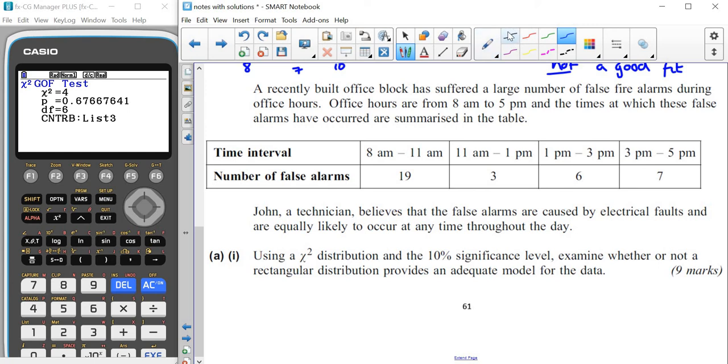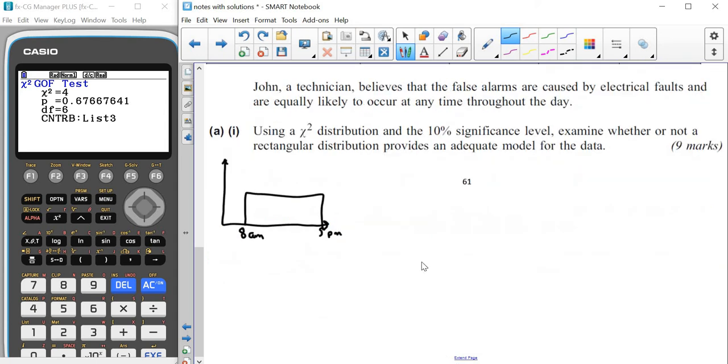Now, first of all, if you think about what our rectangular distribution looks like, and we're looking at between 8 a.m. and 5 p.m, it will probably help us to actually think of it in terms of a 24-hour clock, so 0800 and 1700, because then we know the width of our rectangle.